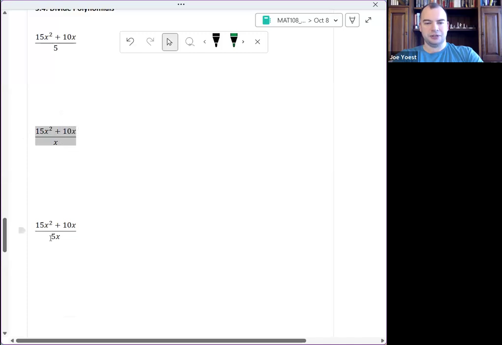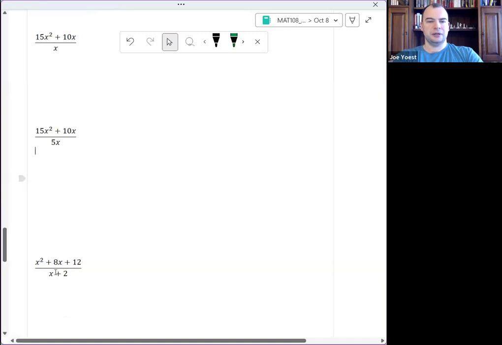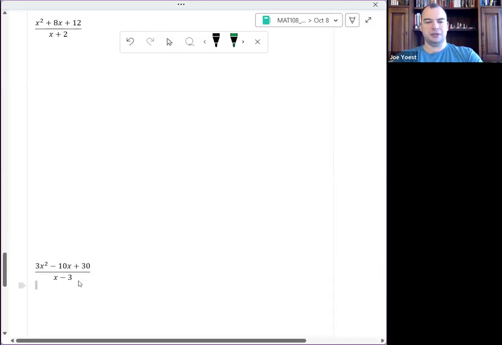Or something like x or something like 5x, those would all be monomials. And it's really a very different process and feel. The deeper theory is the same no matter what, but the feel and the process of simplification is much different if we're dividing a polynomial by, say, a binomial, by something with more than one term.